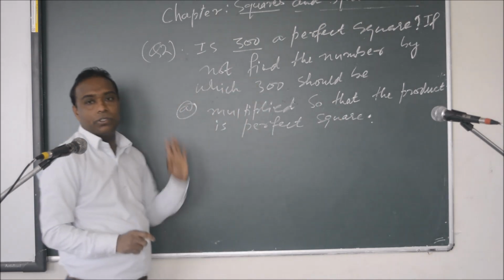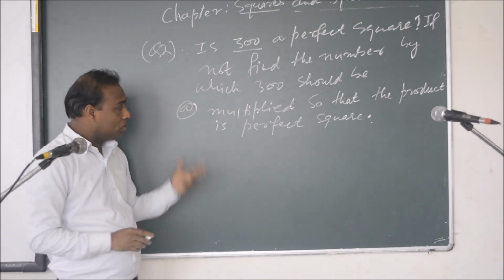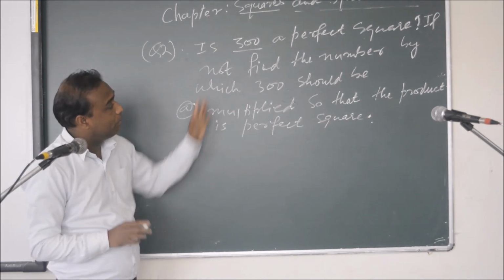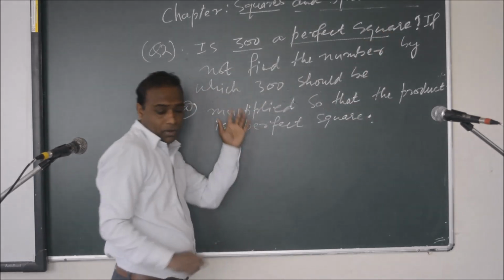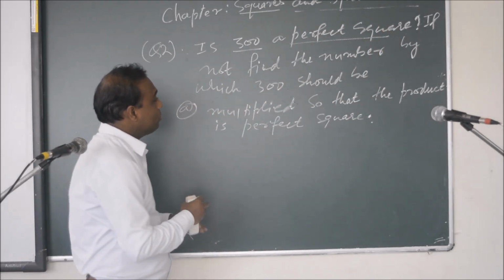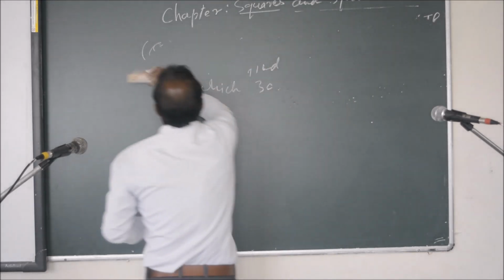So this is the question. Now, how to solve it? Before that, first of all, let us try to understand what a perfect square is. I will erase the question, then I will try to solve here. Now, what is a perfect square?